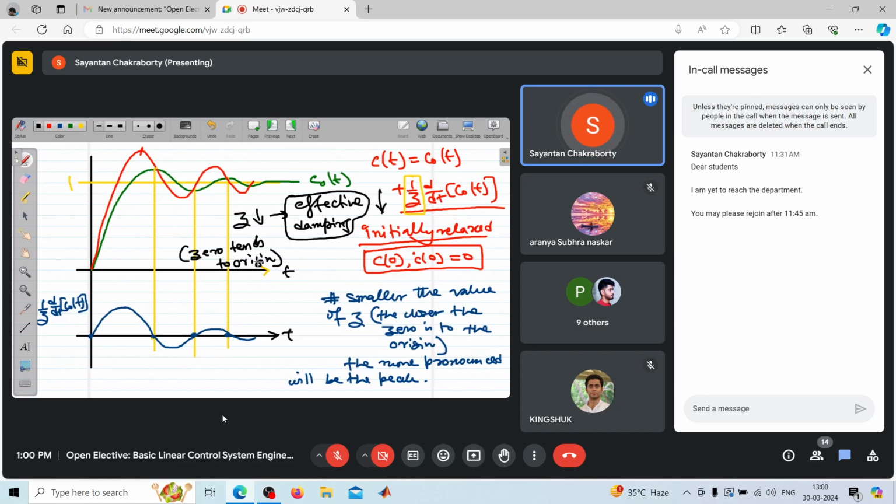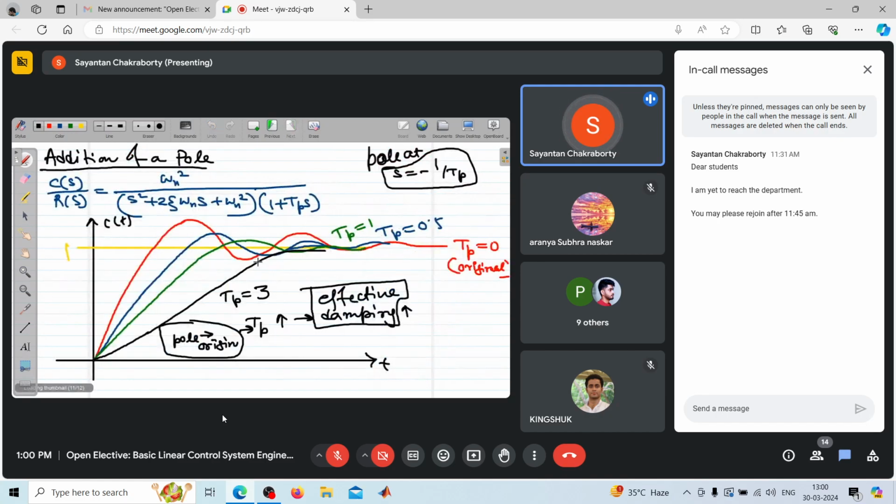So there is obviously a contradiction that is expected between the responses of these two scenarios. These are the typical cases, and we'll encounter such problems while designing compensators or controllers.